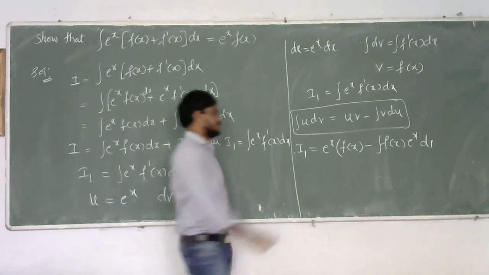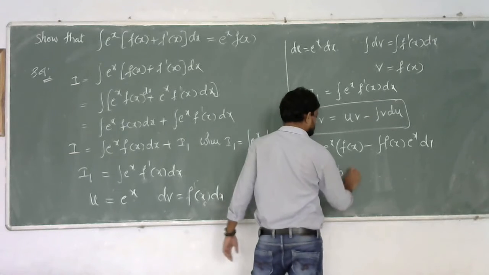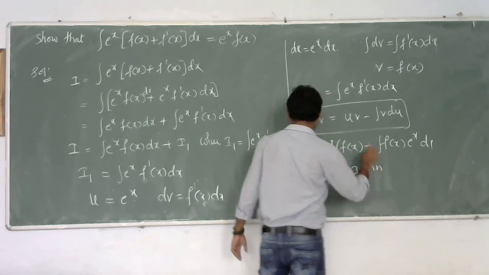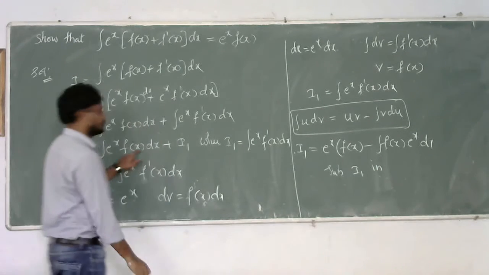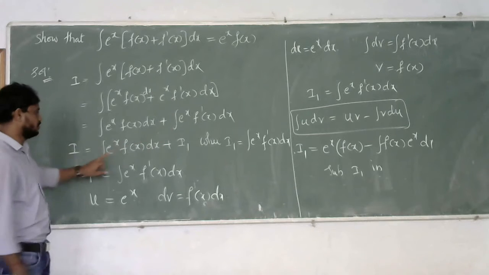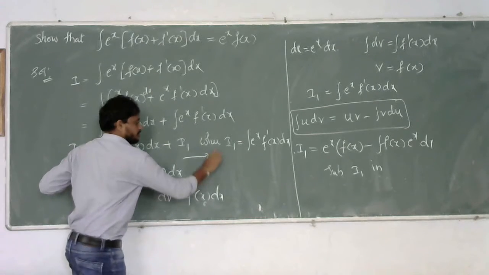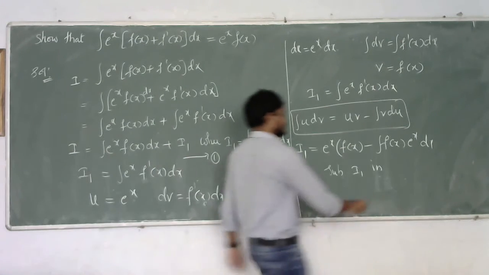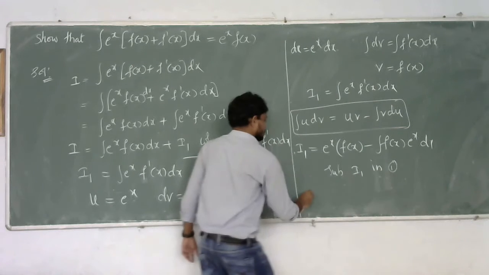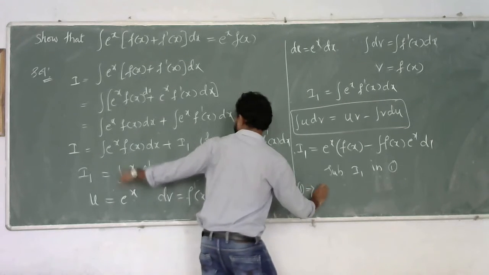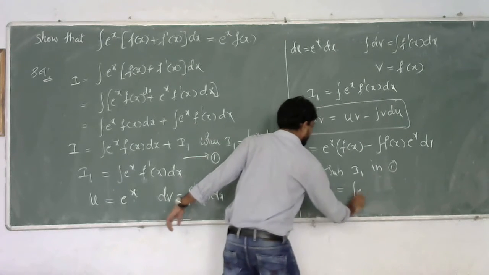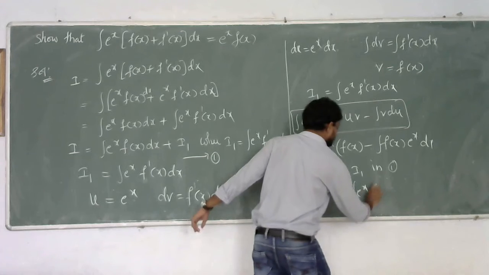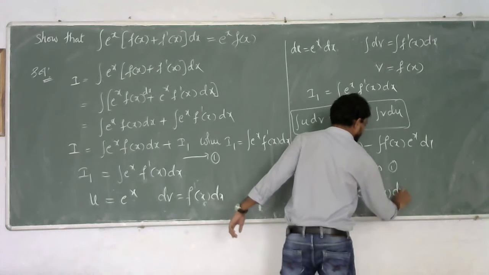Now let us substitute this I1 in equation number 1. What is equation number 1 here? I equals integral e power of x into f of x dx plus I1.